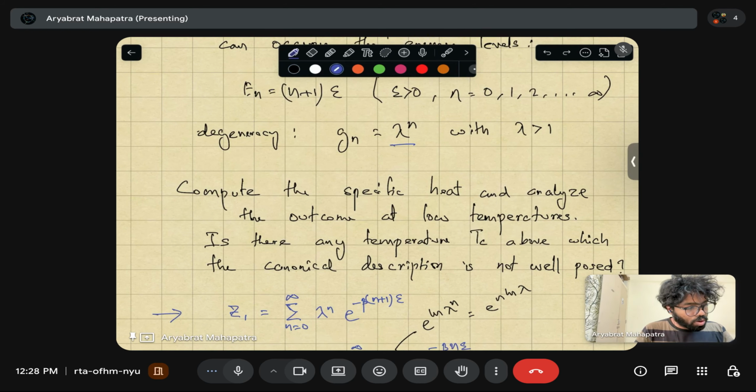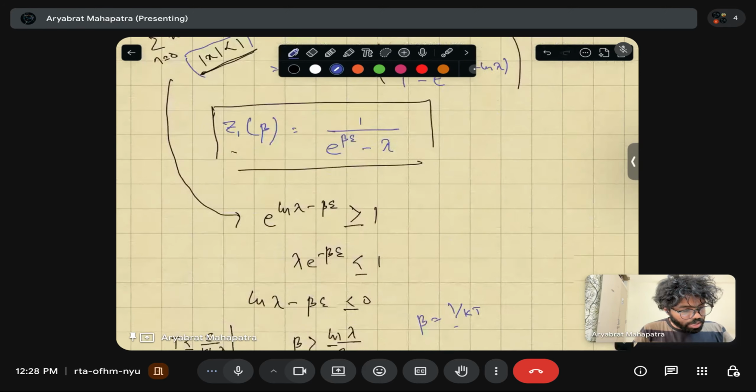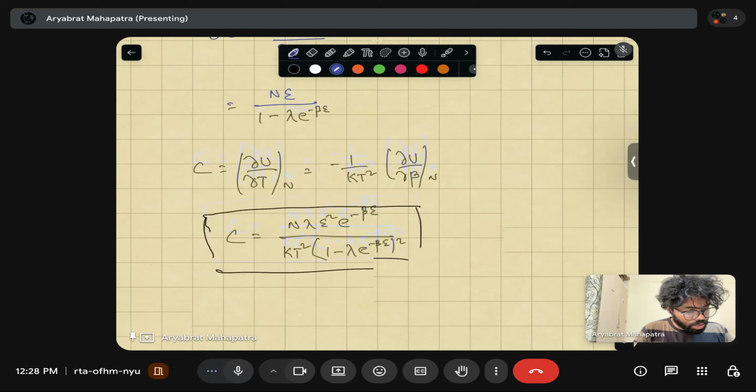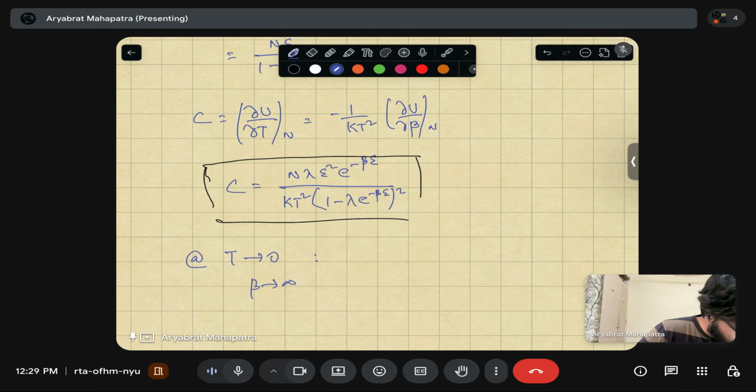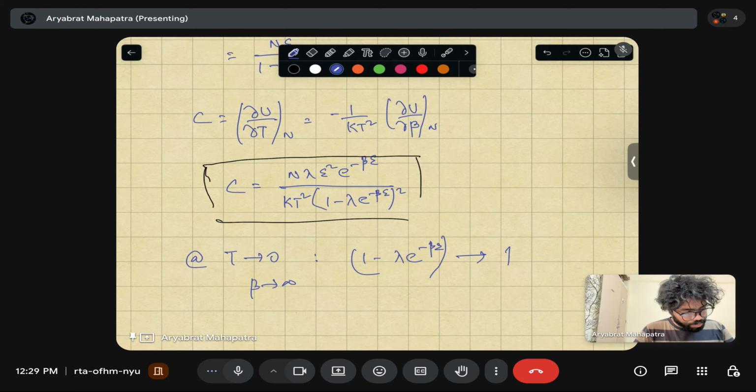At low temperature means when your temperature is tending towards zero. So at T going to zero, your beta goes to infinity. That means 1 minus lambda exponential minus beta epsilon will basically go to one, because exponential of negative infinity is zero.